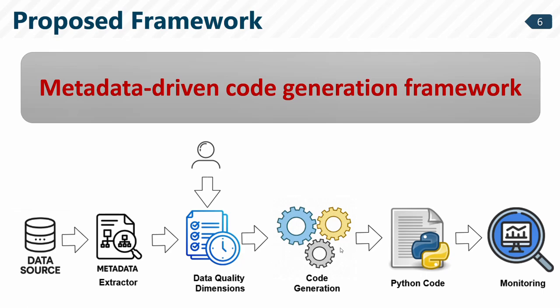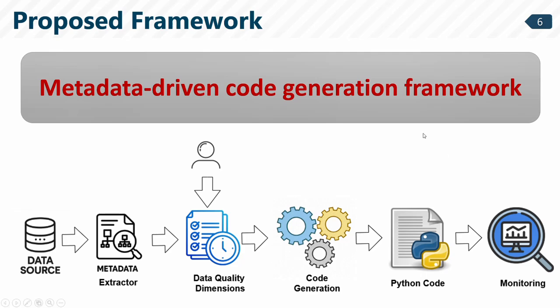This code is ready to review and execute. Finally, in monitoring, validation creates reports and alerts to Slack or email and tracks metrics. Each failure is traceable to the specific column and rule.